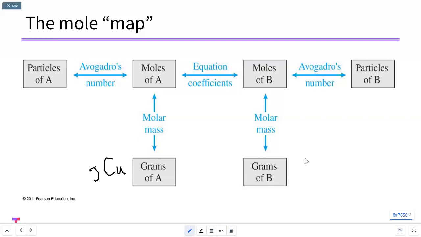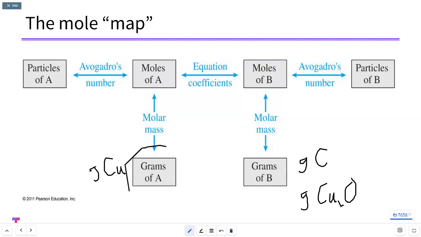Now, in the end, we're trying to turn it into grams of carbon and grams of the cuprite. The process to get there is going to be basically the same for both.